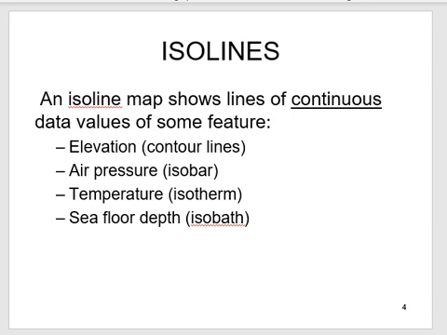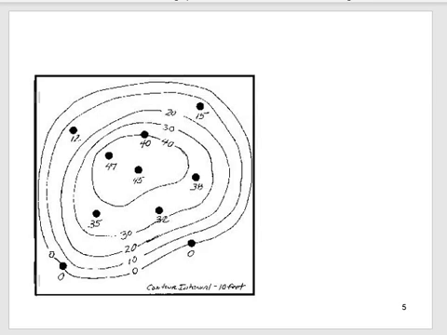Temperature would be an isotherm, or seafloor depth would be an isobath. So contour lines are created by extrapolating or connecting the dots between elevation points. So you might, back in the day, have surveyors go out with their stadia rods and identify points that had a certain elevation, and then they would kind of connect the dots to make these continuous lines of elevation.